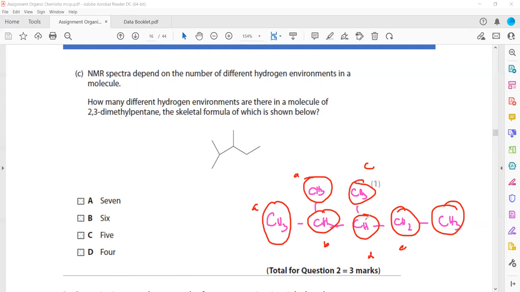But for this CH3, CH is there, and next to that is CH2, CH3, and CH2, CH3. So we have to check not only the first, like for example, CH3 is there, we don't check only what is next to that. We check throughout the chain, it should be identical. That's why even though these are methyl groups, four different methyl groups are there, two of them are identical in terms of environment and the rest two are different. So this will be F. So 1, 2, 3, 4, 5, and 6. So that's why B is the right answer. Is it clear, this question?